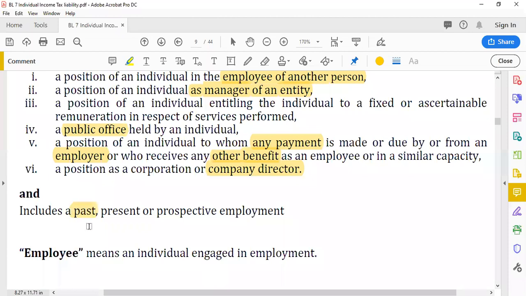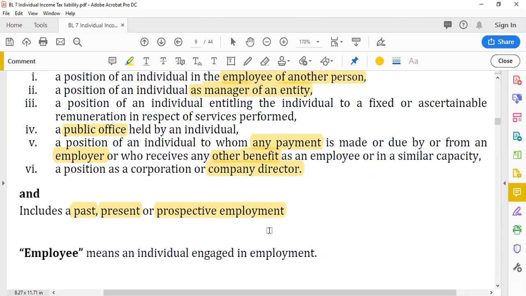He is no longer employed, but he has received some sort of benefit from the employer, though he is not working at present. A present employee is one who is working presently. Prospective employment means he is not legally bound as an employee.